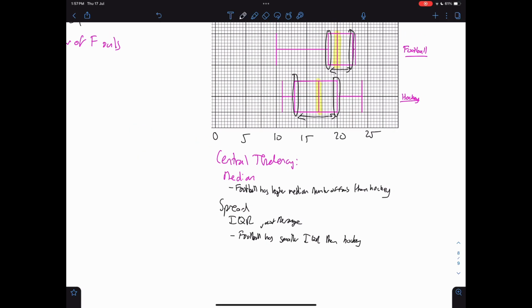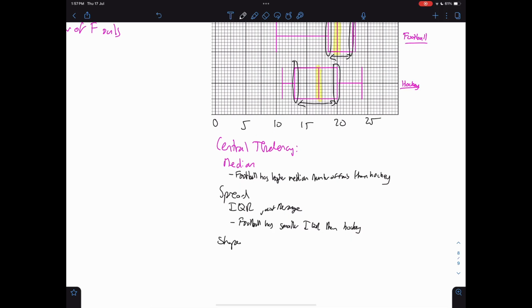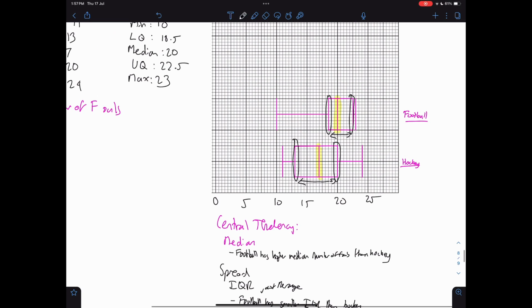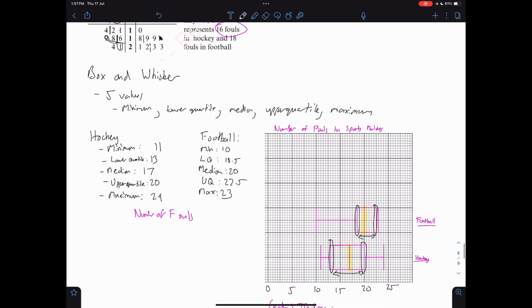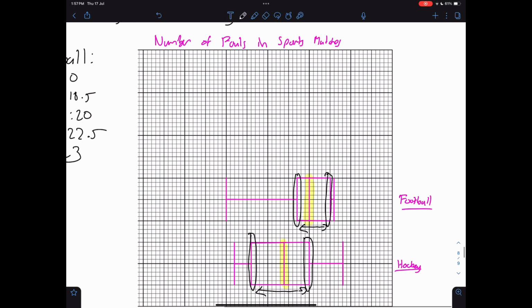And then we can take a look at the shape or the skewedness. As we looked at previously with skewedness, we know that if there are a couple of low values and the tail is to the left, so if we actually draw that, this is what it looks like.